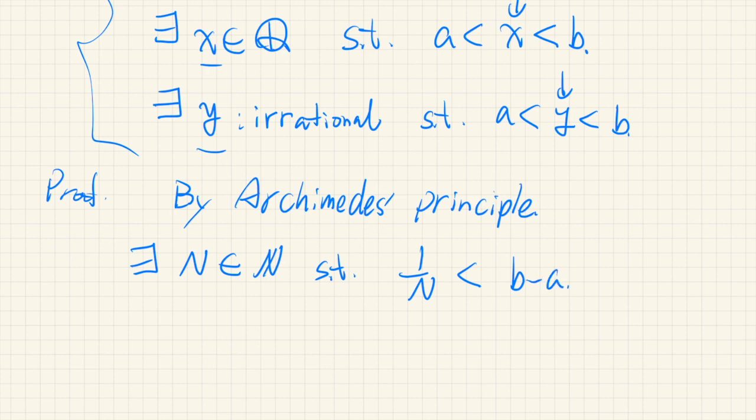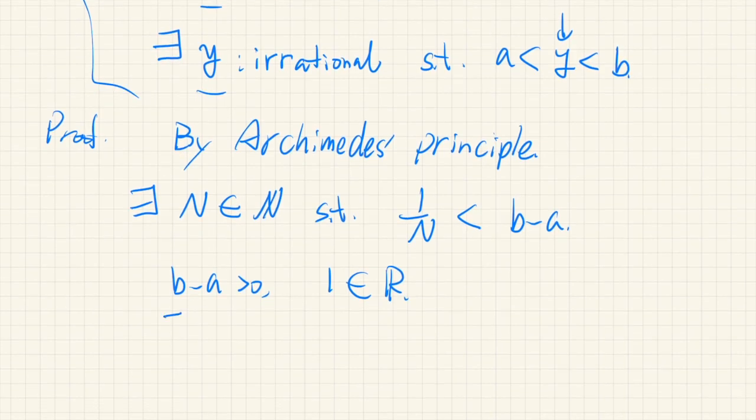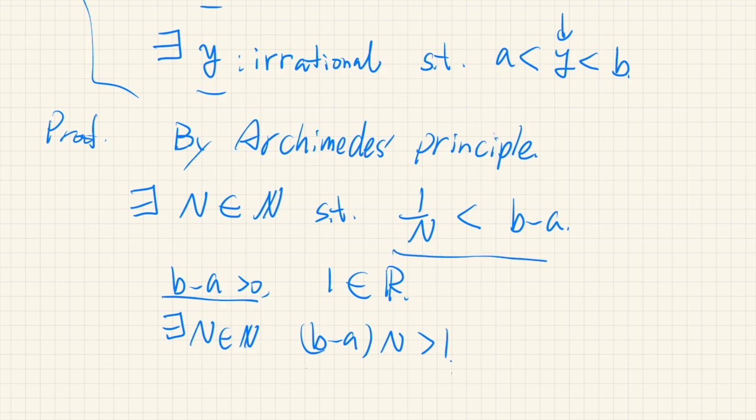Okay, so how did we apply Archimedes' principle here? First of all, b minus a is positive, and 1 is a real number, of course. So there exists some natural number n such that (b minus a) times n is greater than 1. By dividing both sides by n, we have this.